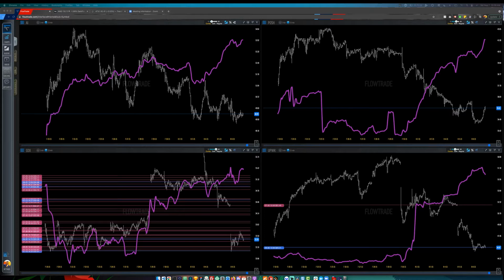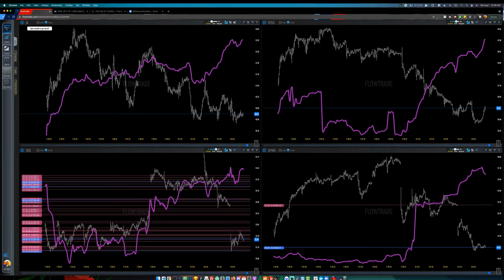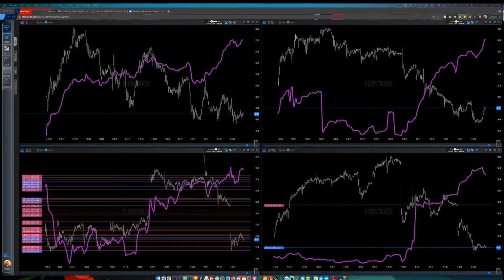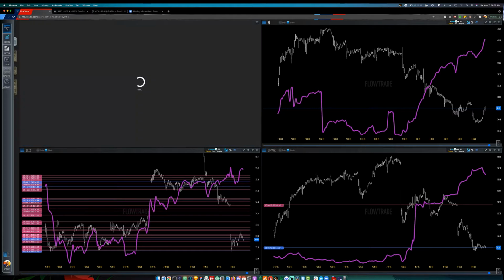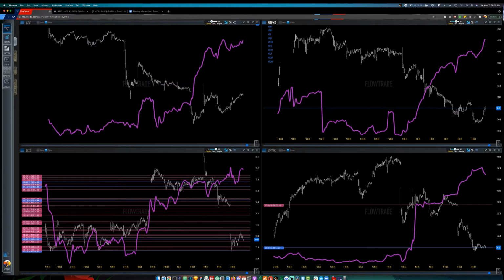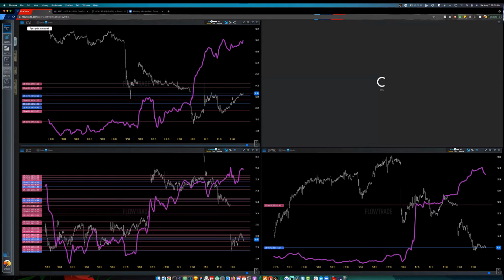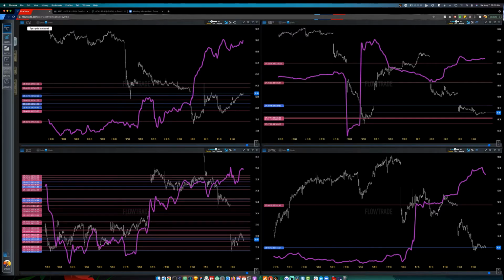GDX for sure. I think gold will turn around this week. FSLY. So now it's really down to the last four, which is ATVI, NetEase, Billy.